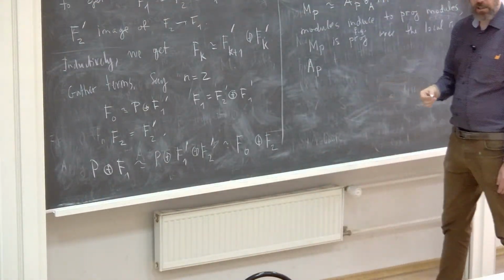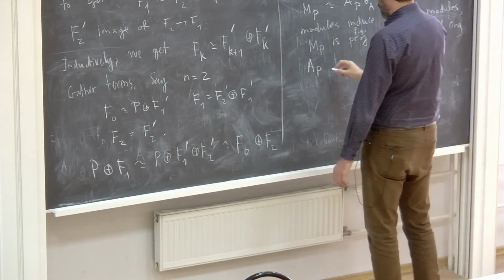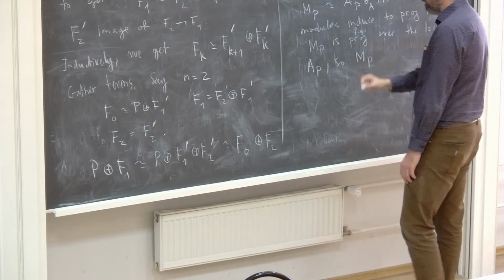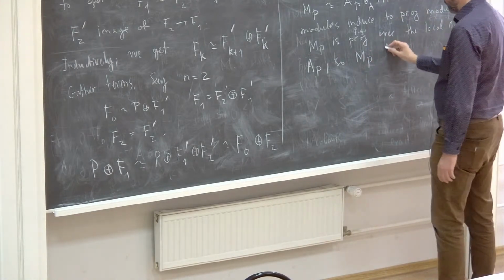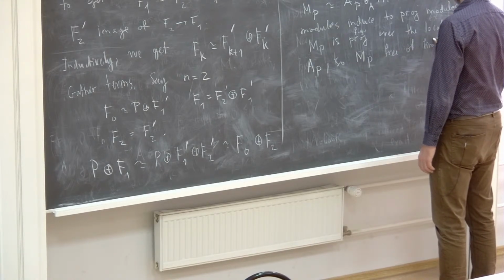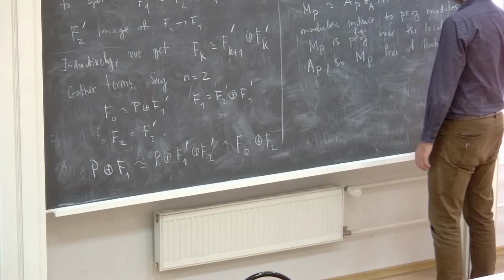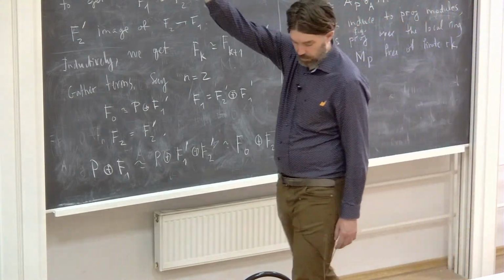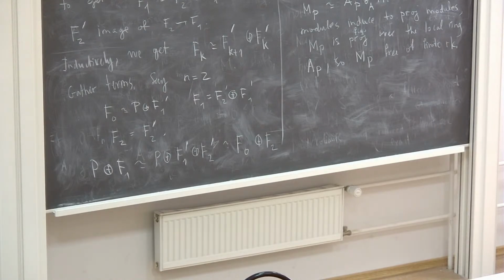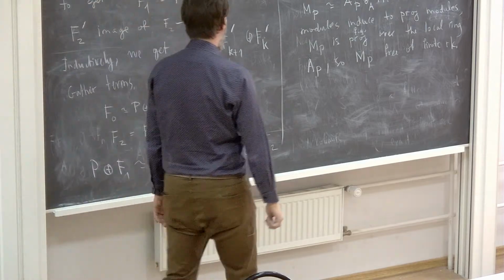That was a Nakayama type argument that we made before. So MP, in fact, is free of finite rank. Thus, the first hypothesis that M is projective implies that the localizations at all primes are free, and a fortiori, the localizations at maximal ideals are free. And so now we want the converse.